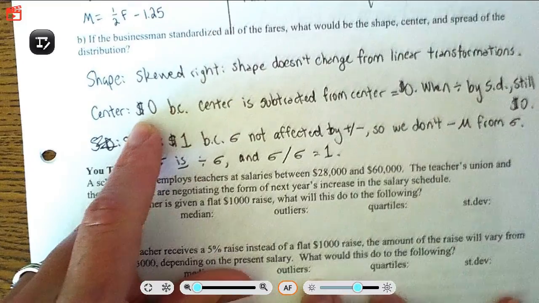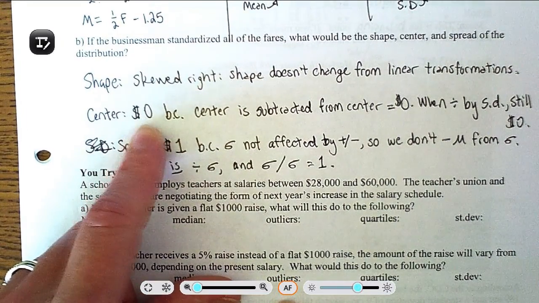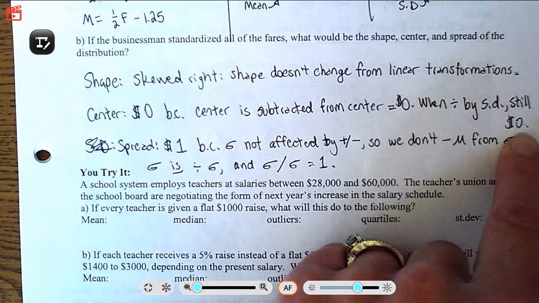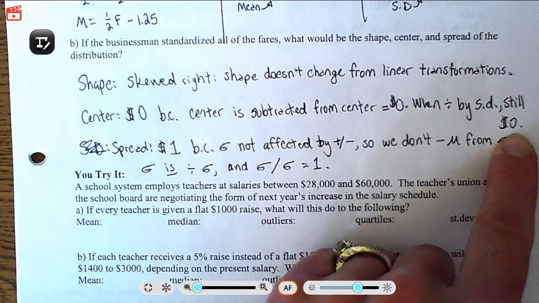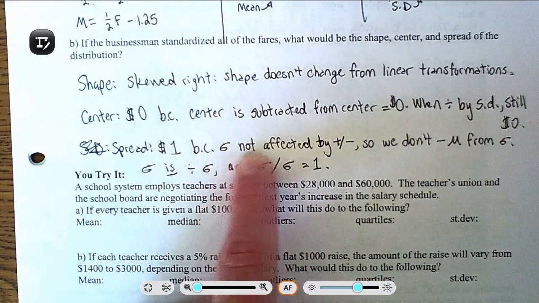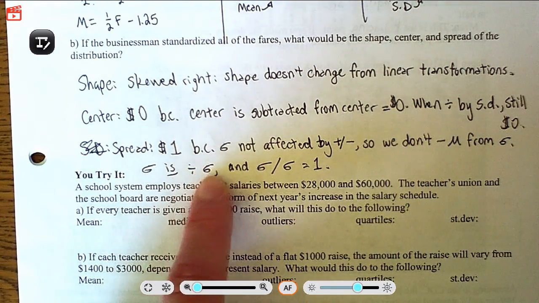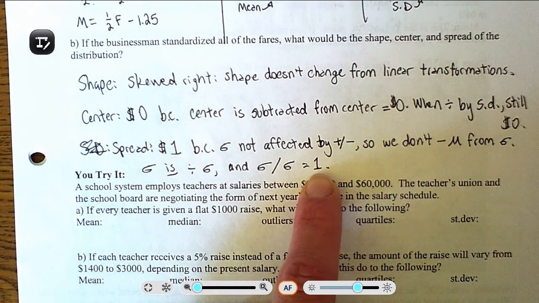The center is 0 because the mean is subtracted from the mean, which is 0, and then divided by the standard deviation. The spread is 1 because sigma is not affected by addition or subtraction, so we don't subtract the mean from sigma. Sigma is divided by sigma, and sigma divided by sigma equals 1.